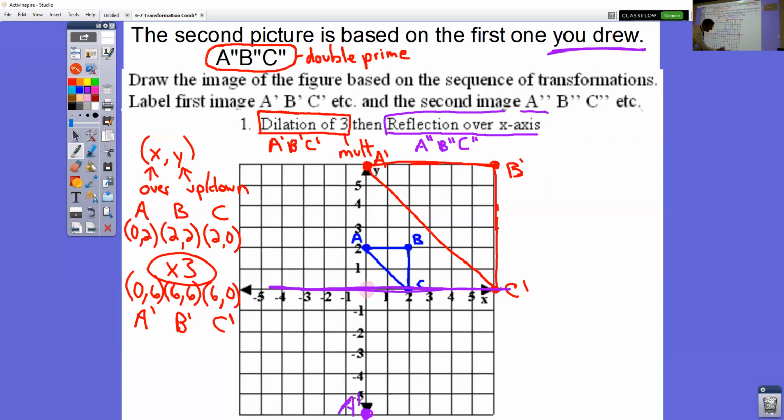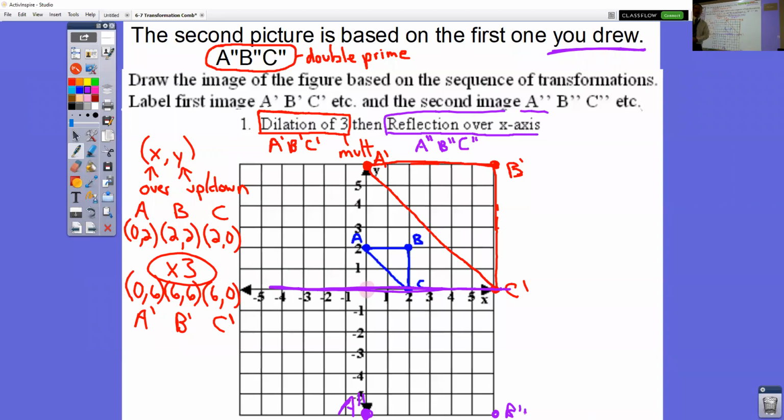This is A double prime. B prime is 1, 2, 3, 4, 5, 6 places to the line. 1, 2, 3, 4, 5, 6 places away from the line. This is B double prime.